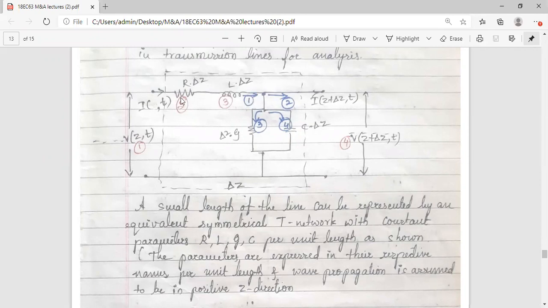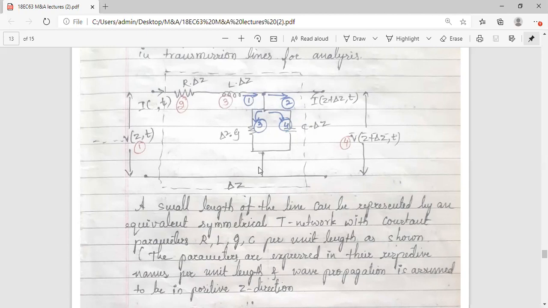Number 1 indicates the current entering the node, and number 2, 3, 4. These three numbers, they indicate from that node current is leaving. So current entering is equal to current leaving according to the KCL, Kirchhoff's current law. So let us apply the KCL for the circuit.